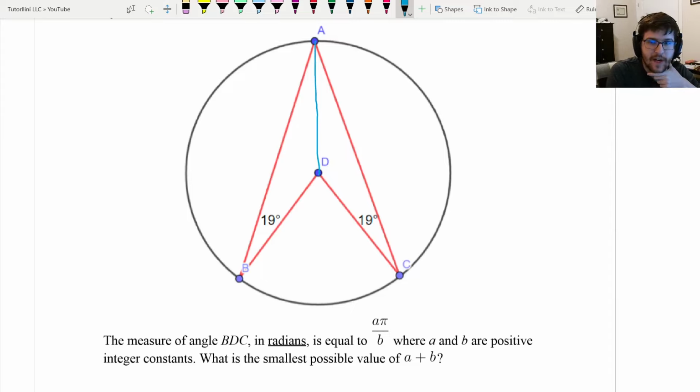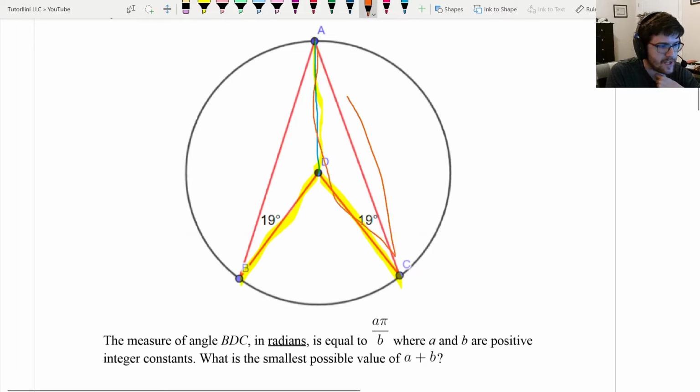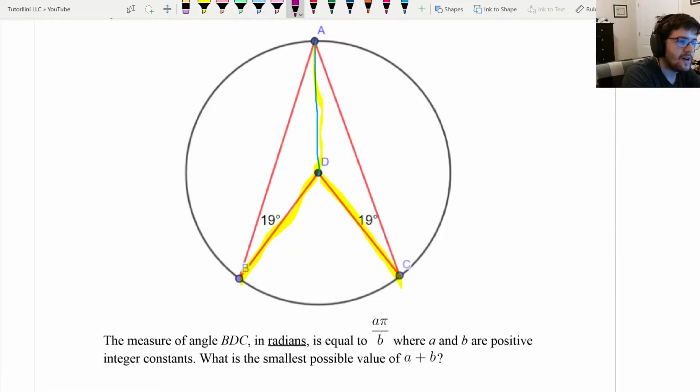The reason we want to do that is because AD is a radius, DC is a radius, and BD is a radius. So you see each of these triangles becomes an isosceles triangle because all radii are equal to each other, right? So in isosceles triangles, the base angles are equal.